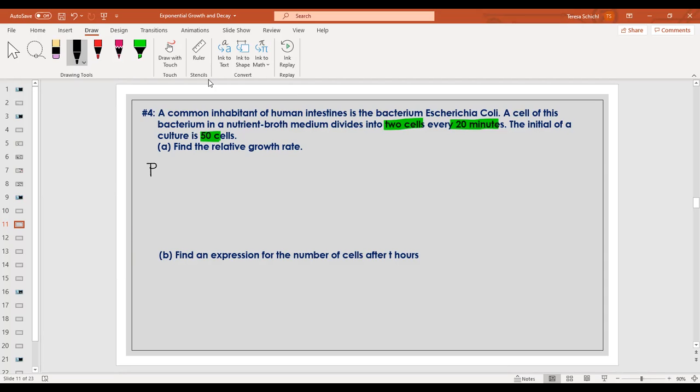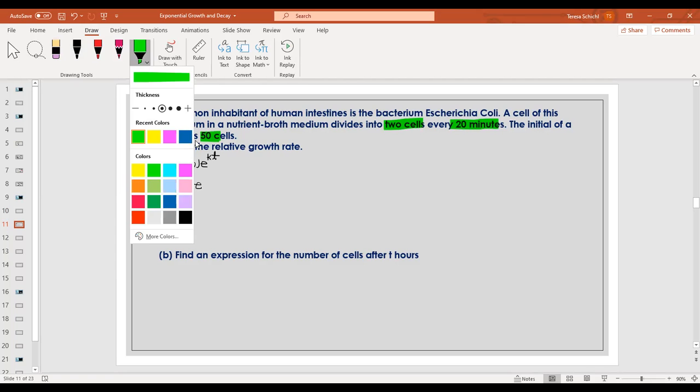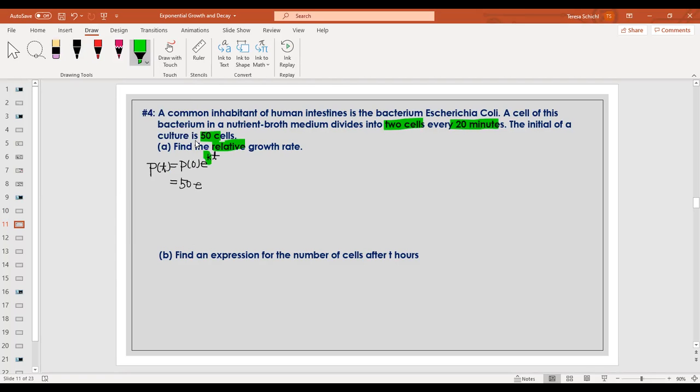We still follow our formula, right? P(t) is equal to P0 e^(kt). It says it doubles every 20 minutes, and I start with 50 cells. I want to find the relative rate, so I want to find this k value here.